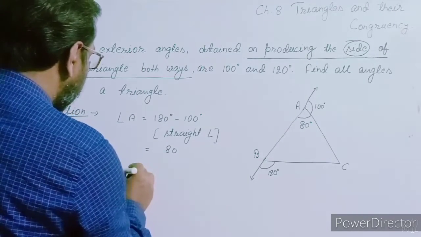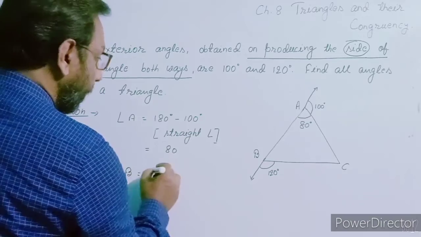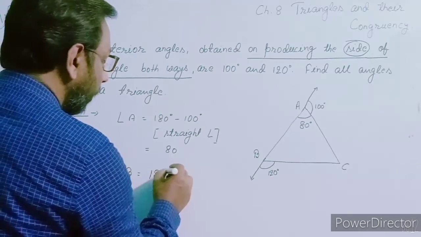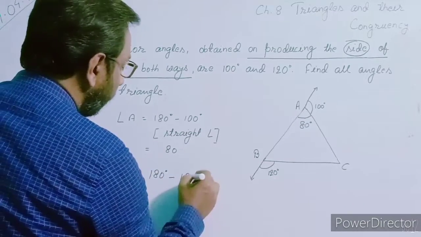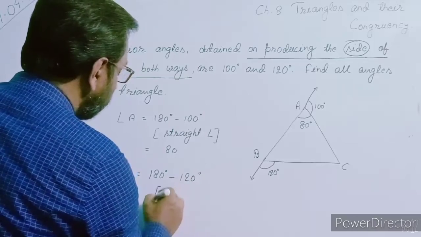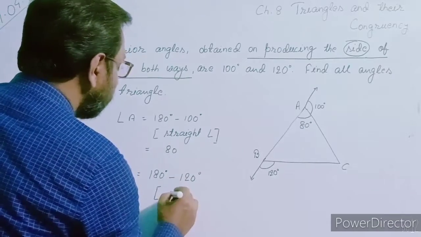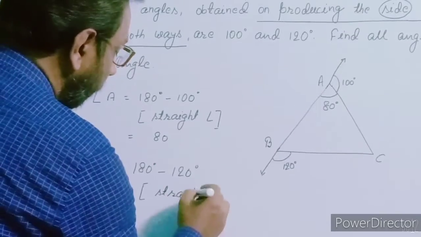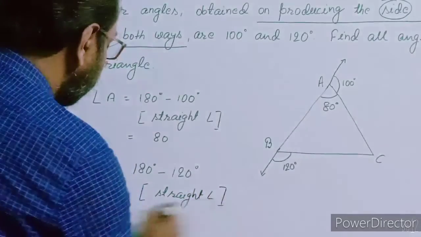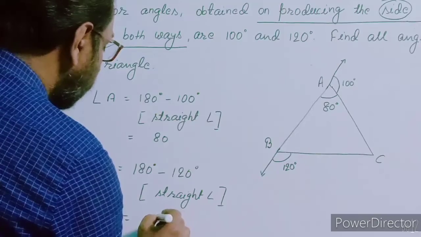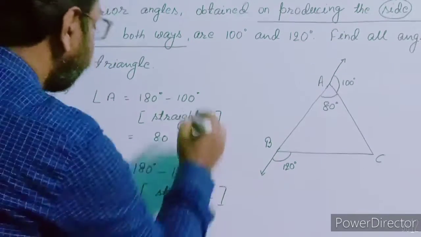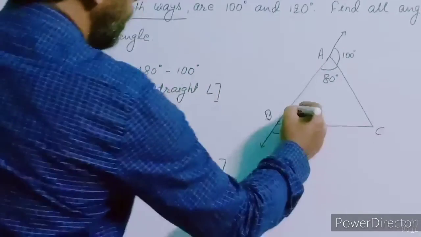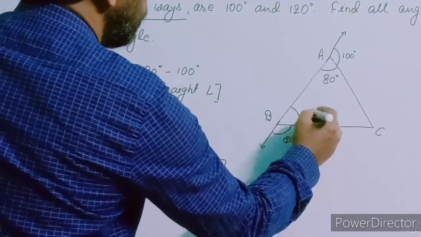Similarly, angle B equal to 180 degree minus 120 degree. For this also, we write the reason is straight angle. So this is equal to 60 degree. This angle became 60 degree.